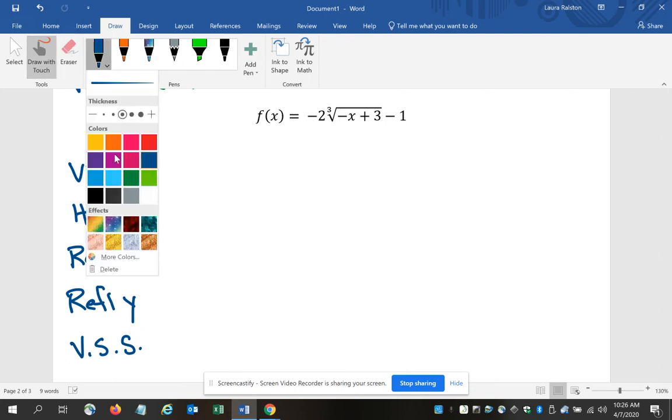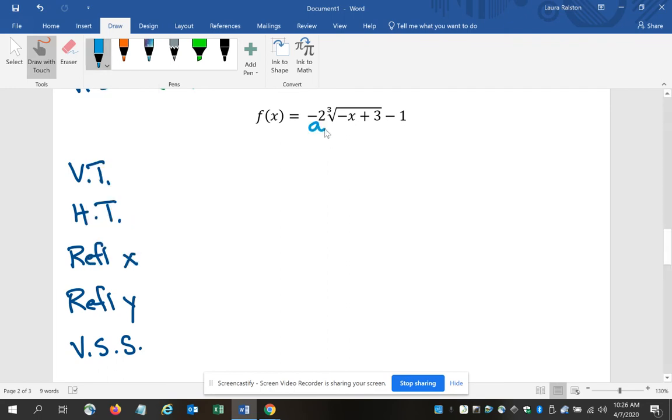So again, I'm going to identify my players. A is the number out front. B is inside the grouping symbol with the X. H is the constant inside the grouping symbol. And then K is tagged at the end. K here is my vertical translation. It's -1. So we're going to go down 1 unit.